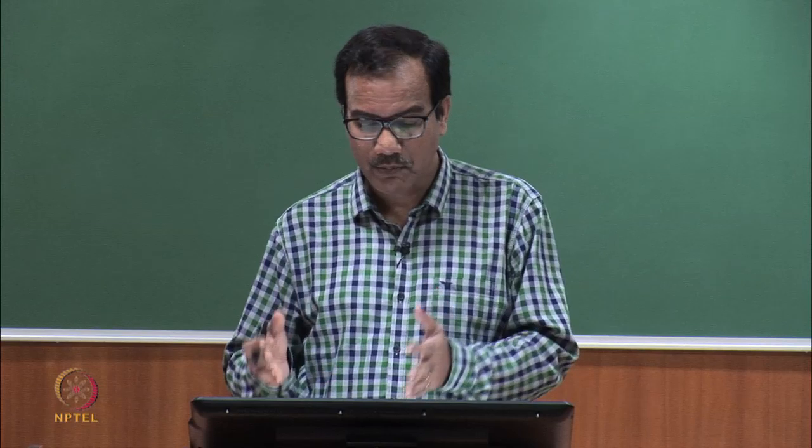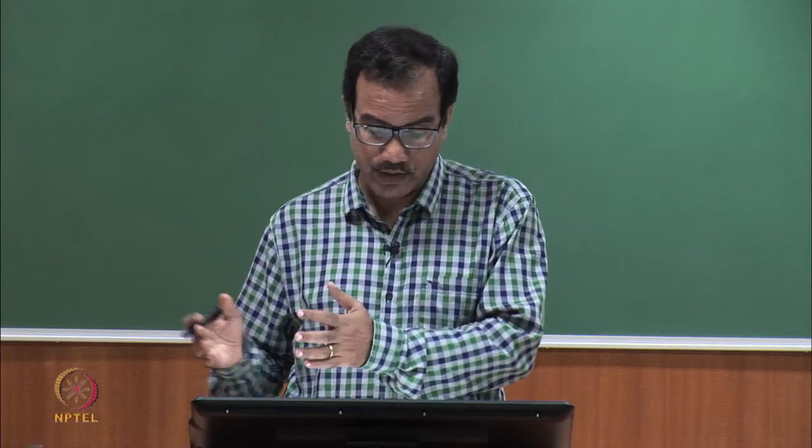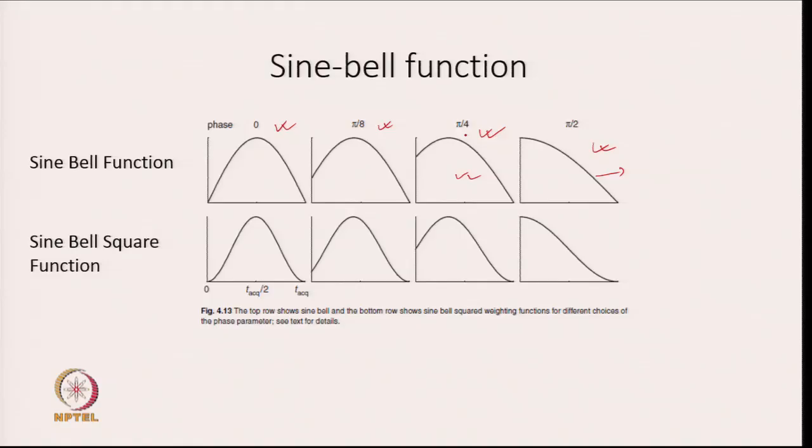If we want optimum signal to noise ratio and resolution, then we apply the pi by 4 shifted sine Bell function. Sometimes we also apply the sine Bell square function, and the shape looks like this.